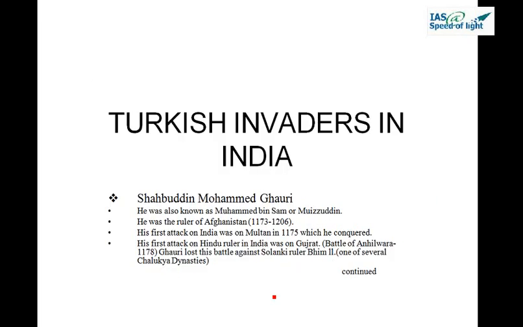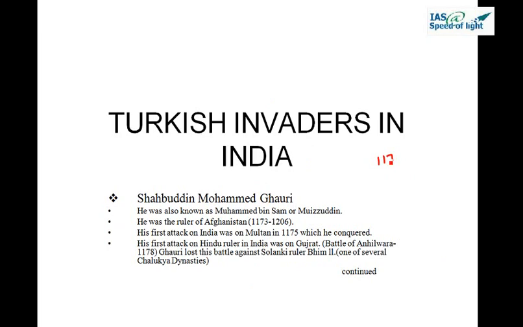Now coming to the second person: first was Mahmud of Ghazni, and now we are coming to Muhammad Ghori. He was again the ruler of Afghanistan, and he ascended the throne in 1173 AD. Now here I would like you to focus on the years as well.